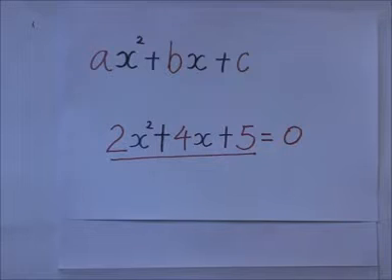When solving quadratic equations such as these, we are bound to get two solutions, or two values of x, as our answer. These two values of x, or these two solutions, are what we call the roots of a quadratic equation. Today we are going to see how we get these roots with a few worked examples.